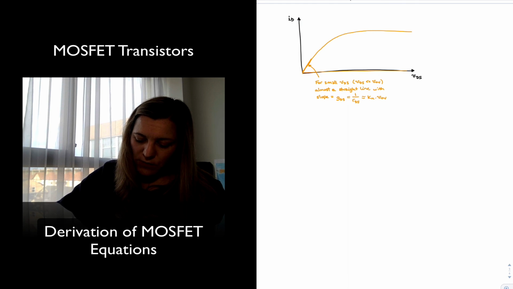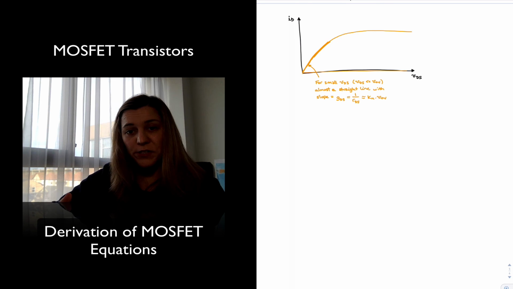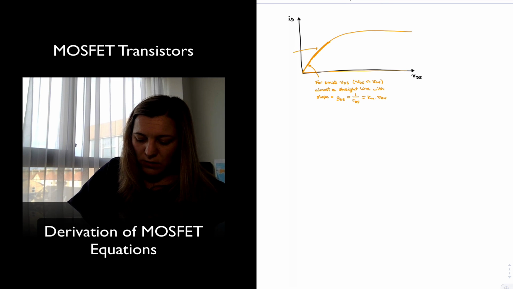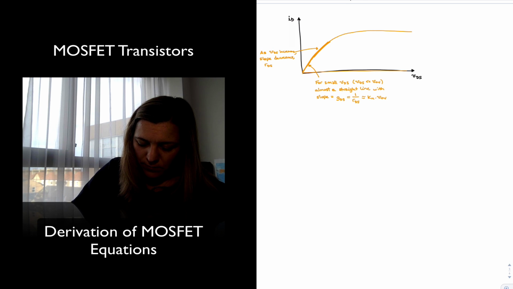You can see that as VDS increases, the slope of that line decreases. So that's something to note. As VDS increases and gets closer to the overdrive voltage, the slope decreases, which means that RDS increases.